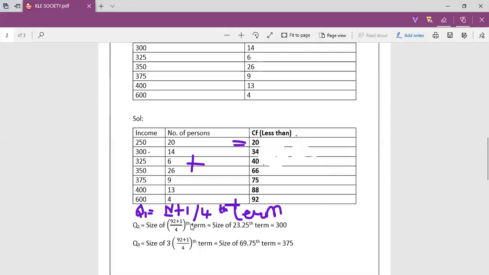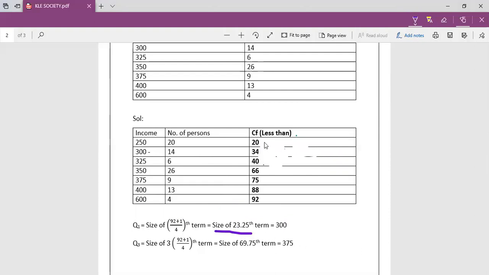So (92 plus 1) divided by 4 is going to be 23.25th term.